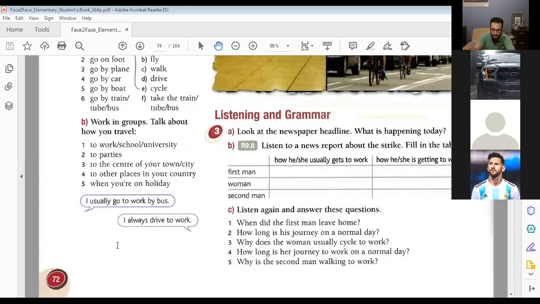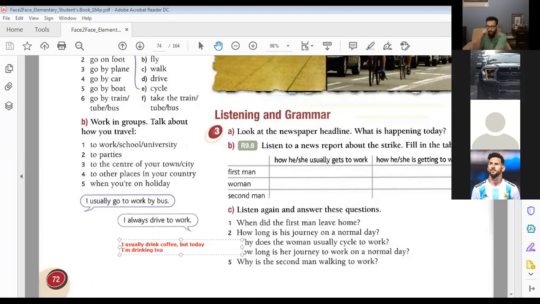Let's write it here. I usually drink coffee, but today I'm drinking tea.